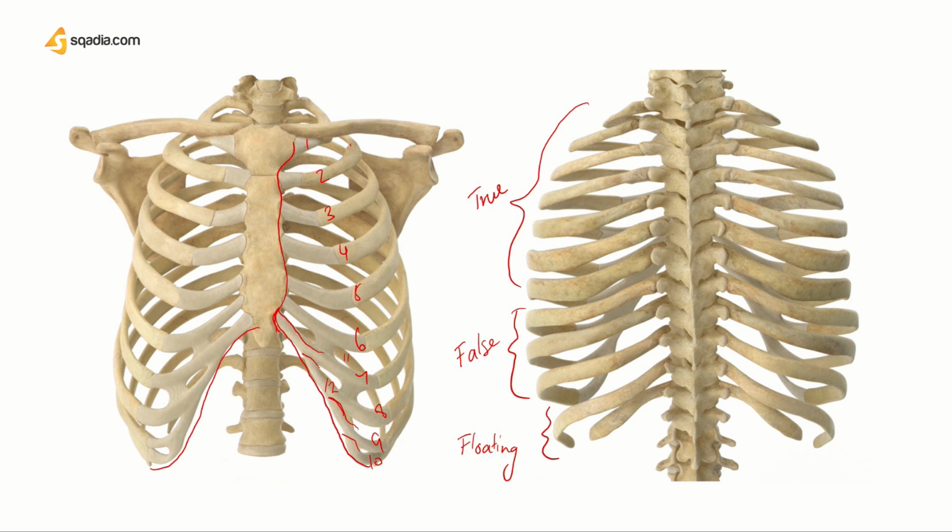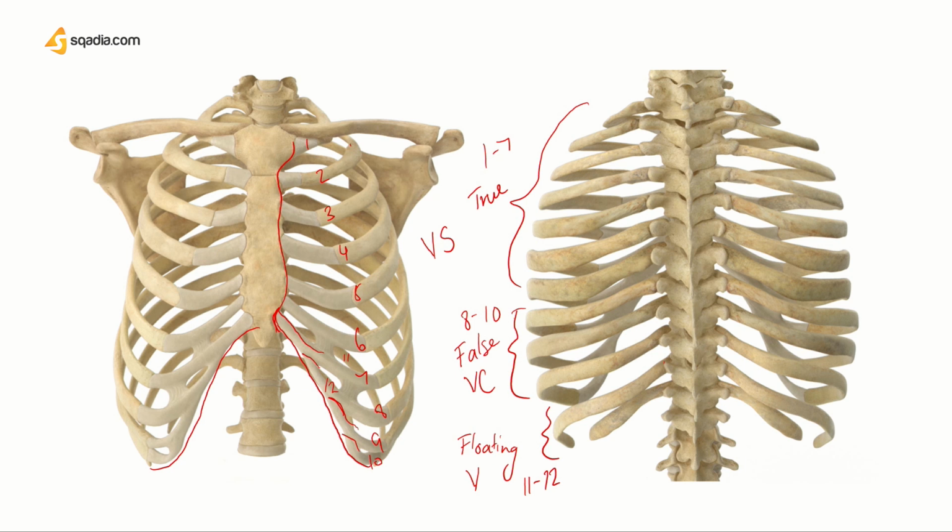Okay, there you have it. These are vertebrosternal. These are vertebrochondral. And these are just vertebral. 11 to 12, 8 to 10, and 1 to 7.